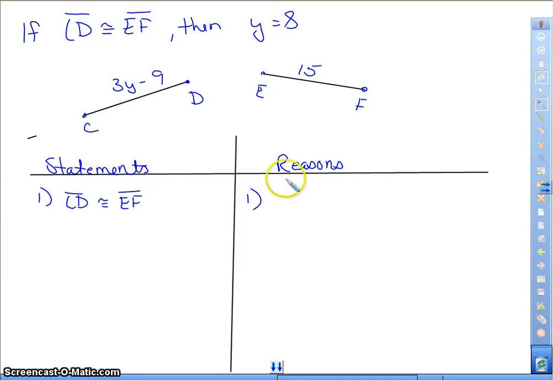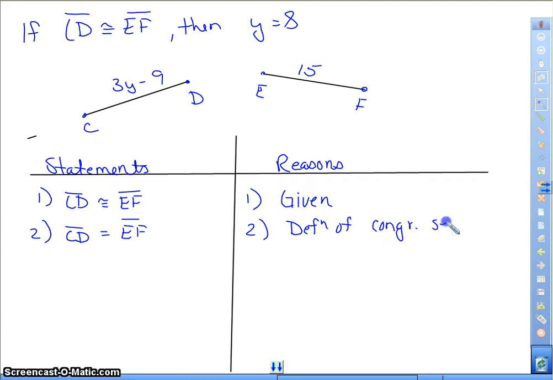Because I want to eventually say that CD equals 3y minus 9 and EF equals 15, I want to change this to an equal sign so I can use my substitution later. So CD does equal EF, and that's by definition of congruent segments.